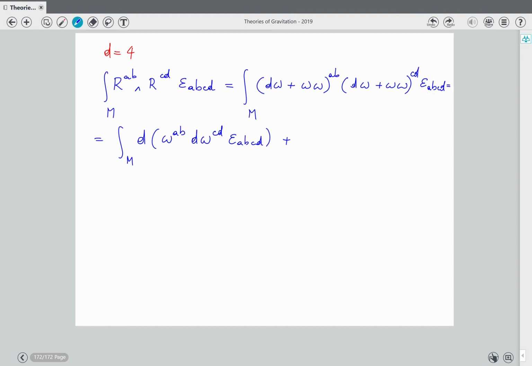So you have 2 integral over M of d omega AB, omega CD, let's say omega C F omega F D epsilon ABCD. And the last one is omega AF, omega FB, omega CG, omega GD, epsilon ABCD.